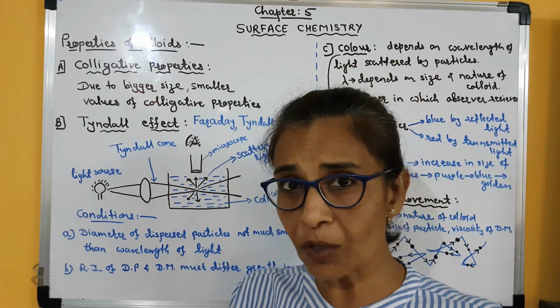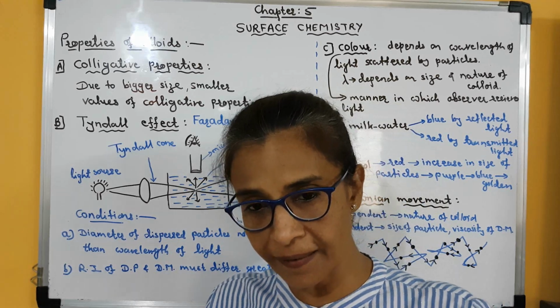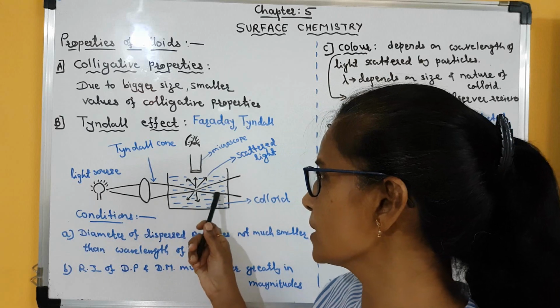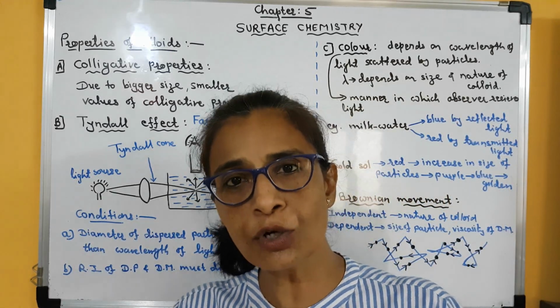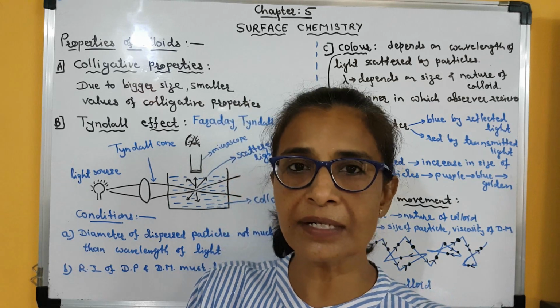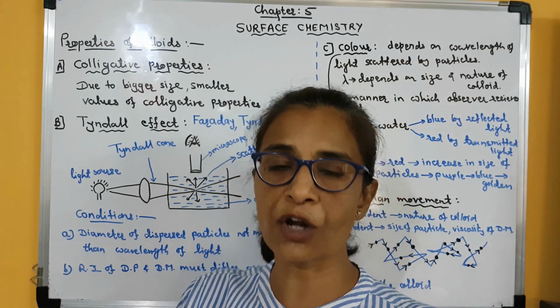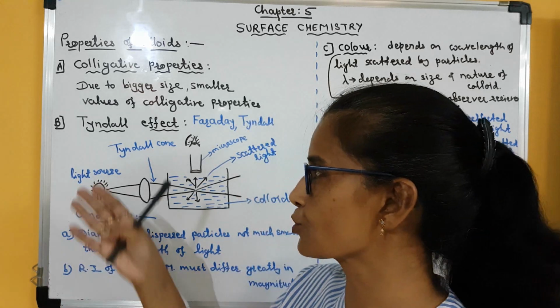Clear? So now what will happen, if we see this colloidal solution in the direction of the light, then it will also appear reasonably transparent or clear or translucent. Clear? Like the true solution.